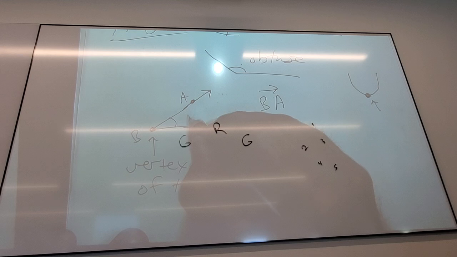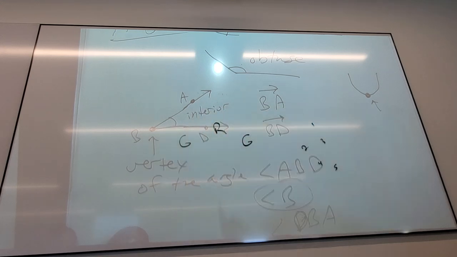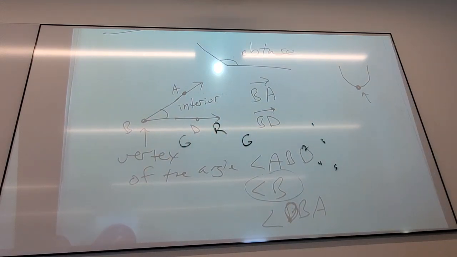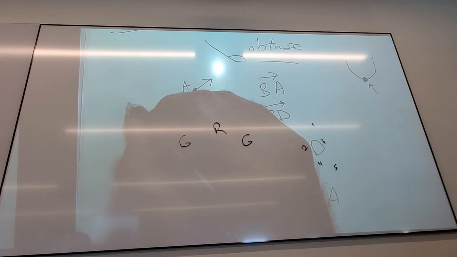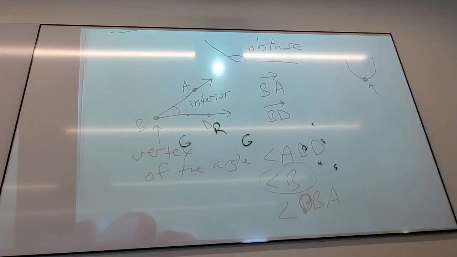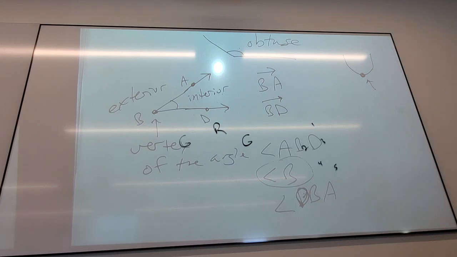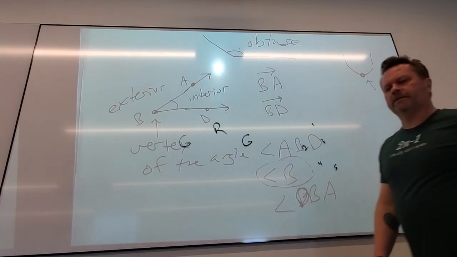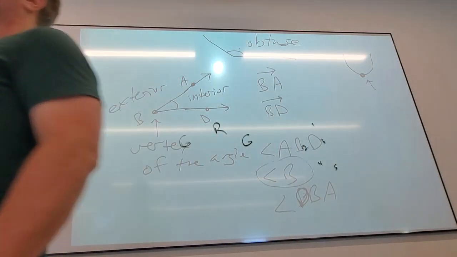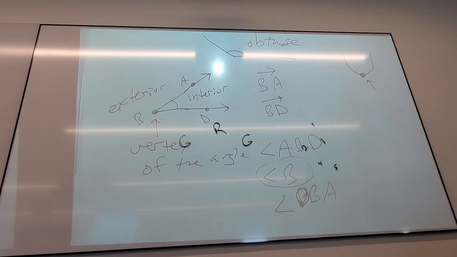We normally consider this to be the interior, and this to be, remarkably enough, the exterior of the angle. Now, this might seem a little strange, but like your protractor, what's the highest degree it goes up to? 180 degrees, yes?